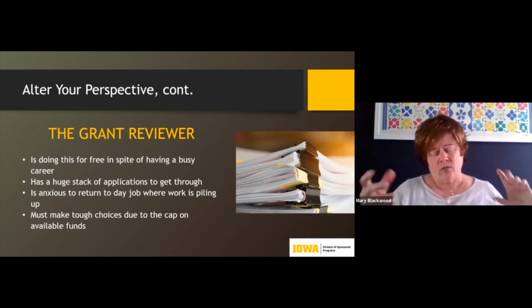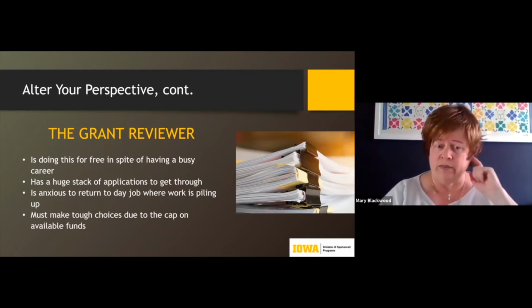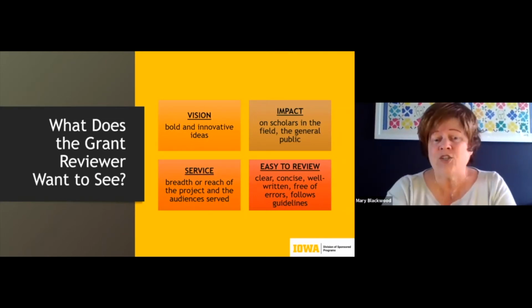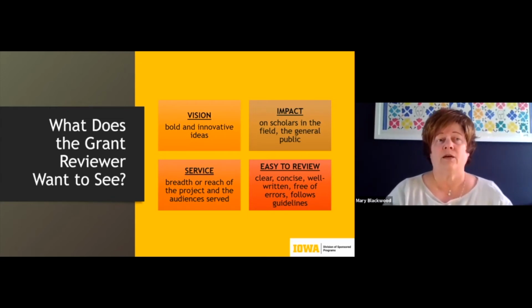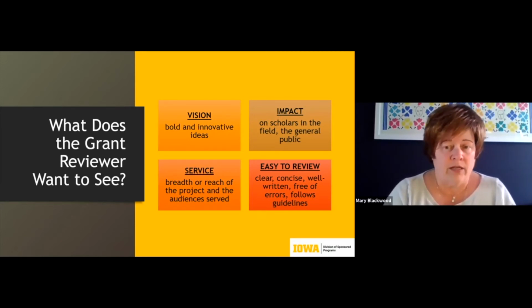So as I'm sitting there trying to write something, I'm thinking about what can I give the grant reviewer that they need? Stop thinking about what I need and think about what the grant reviewer needs. Let me start with the easy to review part, okay? This is where you want to make it clearly written, concisely written, error-free, follow those guidelines, avoid jargon because generalists may be reading as well as specialists, define your terminology so they don't have to think about it, make it simple for them to read.